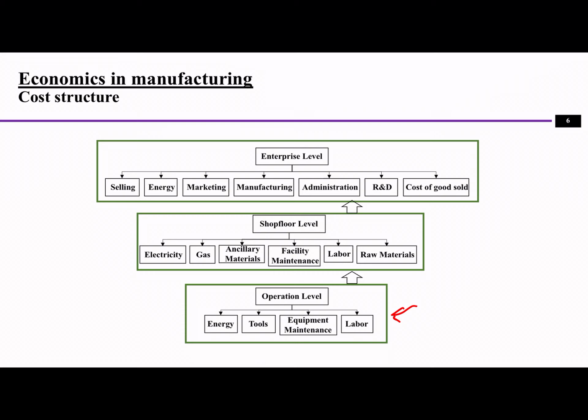At the operation level, if it's a single machine, you can easily calculate how much energy is actually used by that machine for a certain process for processing products. At the shop floor level, mainly those kinds of facilities serve the whole shop floor, not just one single process.